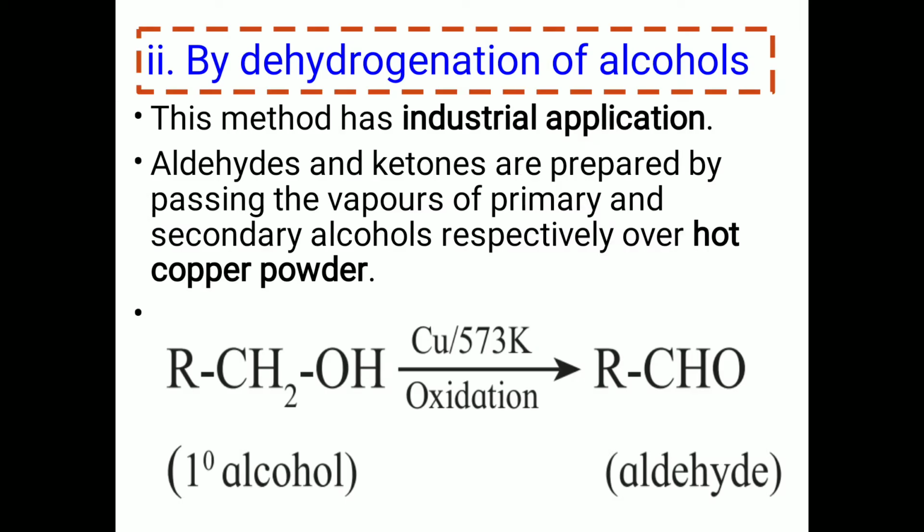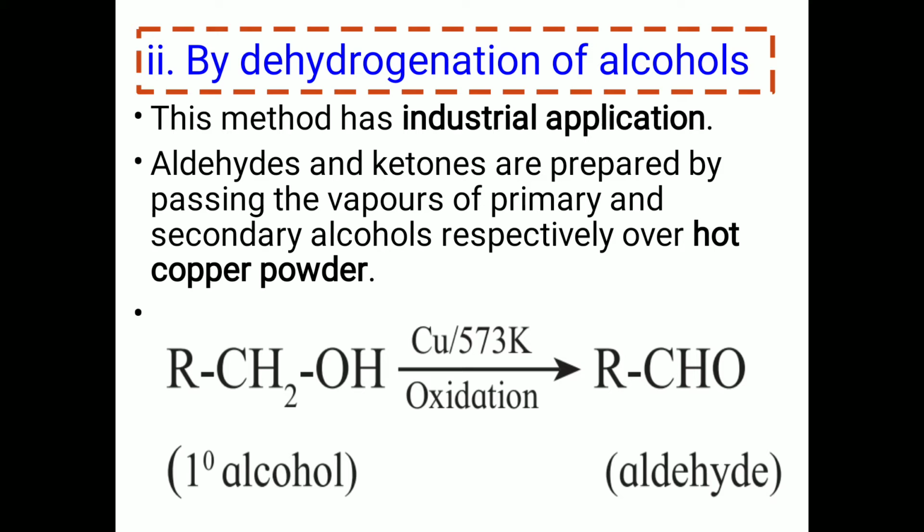Now the second method is for the preparation of aldehyde from alcohols. First we have studied the oxidation process, and the second one is by dehydrogenation of the alcohol. Now what is meant by dehydrogenation?